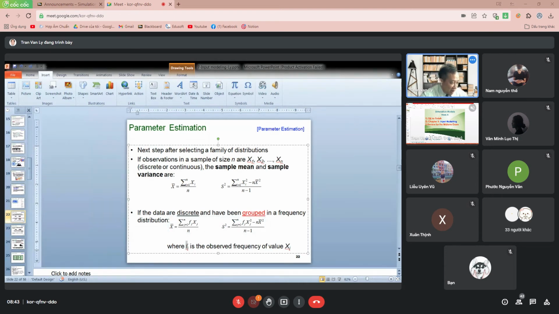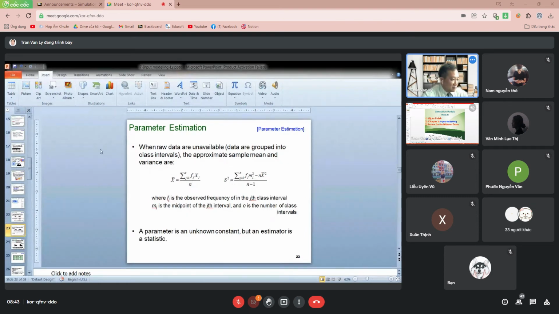Fj is the frequency of the value. Next, from raw data, if we don't see any data for your model, we approximate the sample mean and variance by this one.